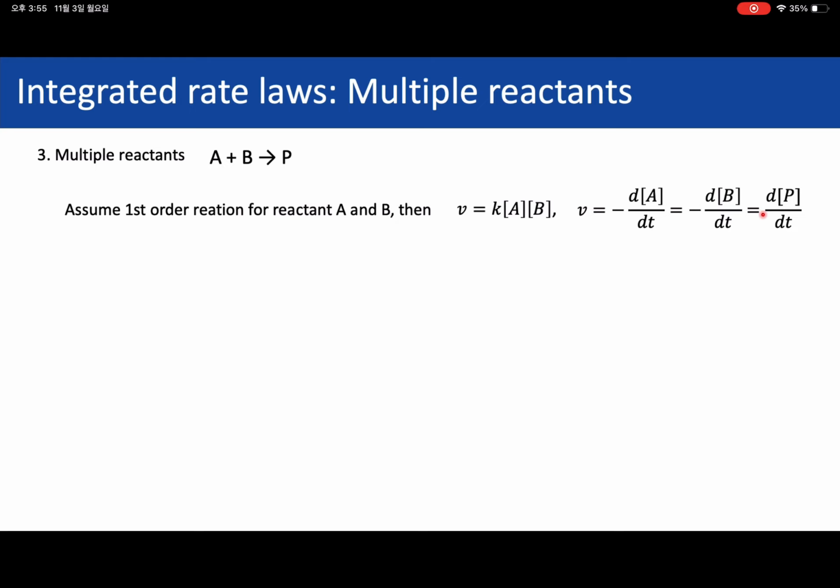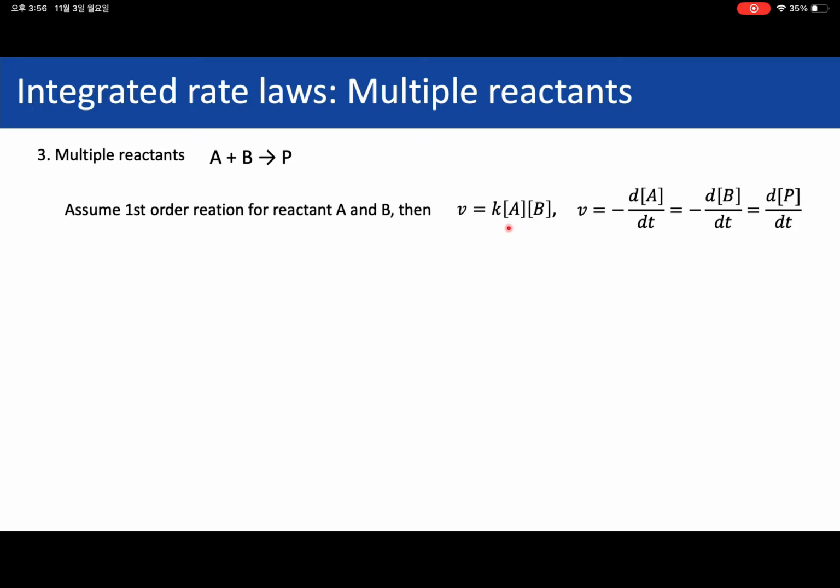Since A is a reactant, we have a negative sign here. Since P is a product, we have a positive sign, and the stoichiometric coefficients are all 1, so we have no factor in front of it.